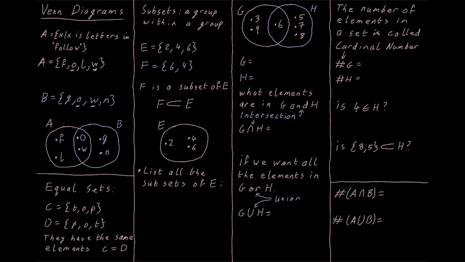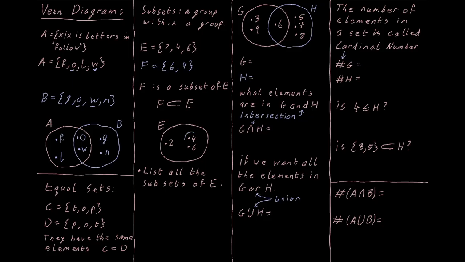If we looked at that as a Venn diagram, I've drawn E in orange here, and then F would be in blue. A subset should be inside the other set. It's a group within a group. So if we drew that as a Venn diagram, F is going to be in blue. We can see the elements of F are 6 and 4, so we have 6 and 4 here.